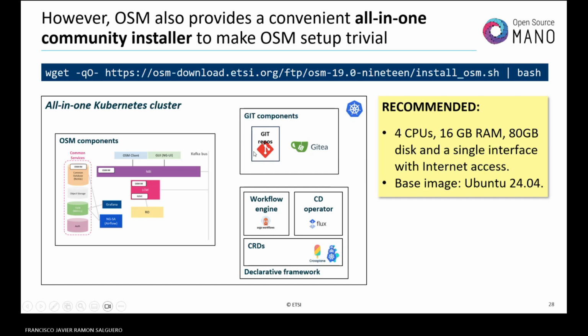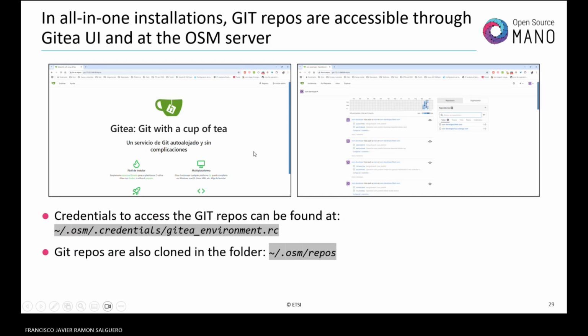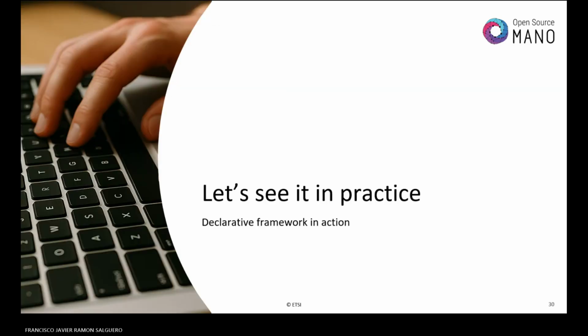We'll also install a Gitea in this case inside that VM, so you have your own private Git repository. It does not preclude that you use your own Git repository, but the easy procedure is this one. It will create all the keys for you, etc. Okay. So let's see in practice.